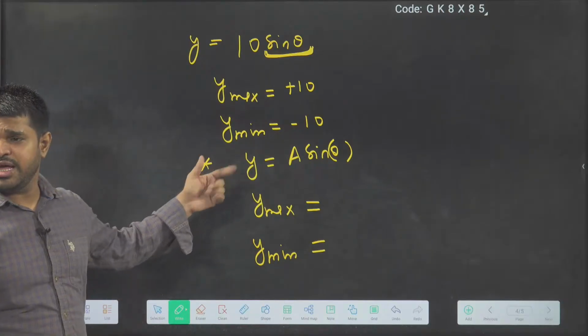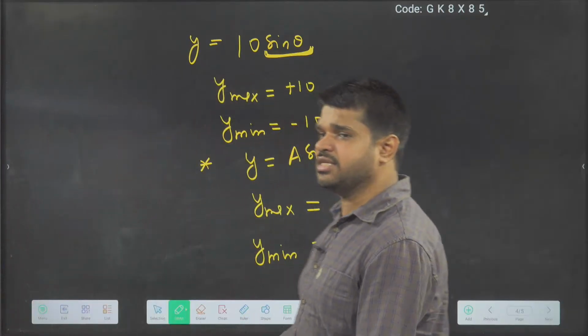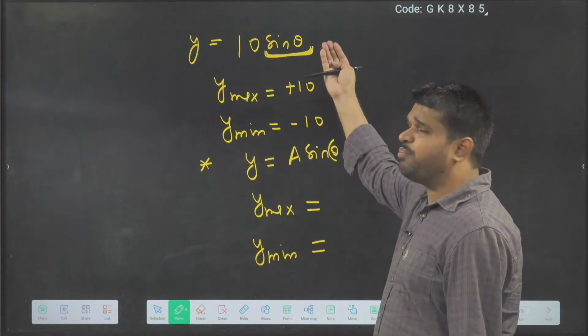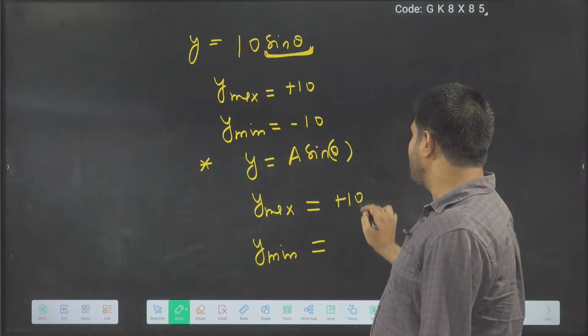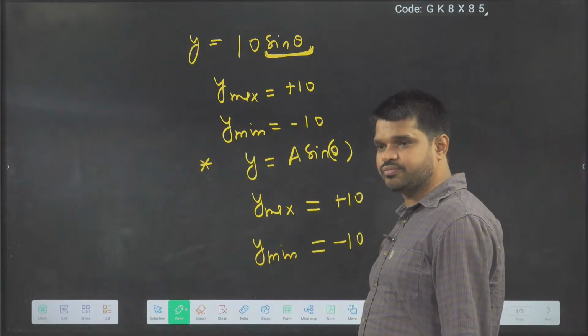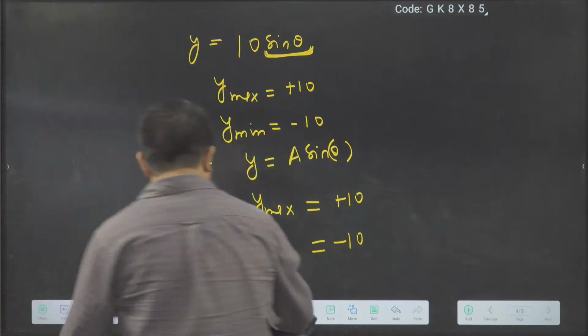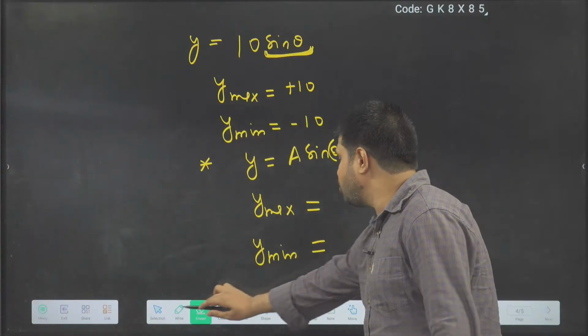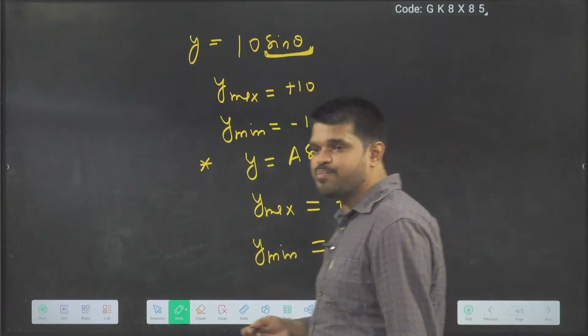Good. Yes, plus a and minus a, just like the previous one. In the place of 10 you are having a. Sorry, plus a and minus a, not 10. 10 is not used here.